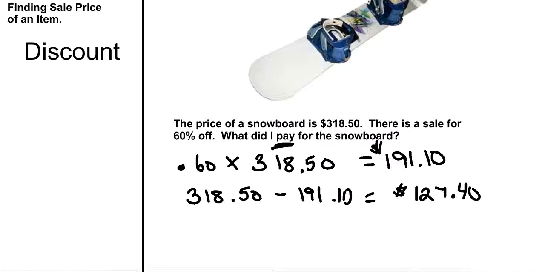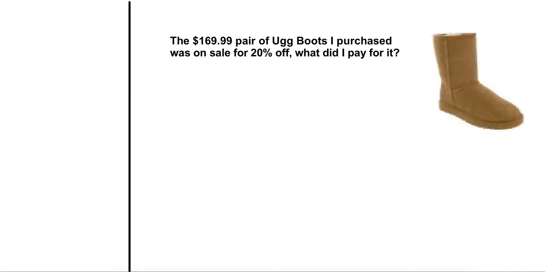All right, let's try another one. The $169.99 pair of UGG boots I purchased was on sale for 20% off. What did I pay for it? So let's first find out how much I saved. 0.2 times 169.99 equals, oh, this one's a little tricky.